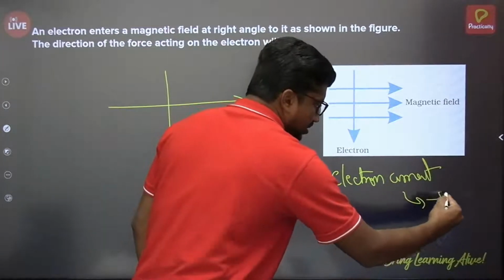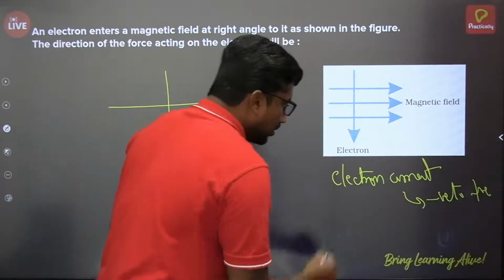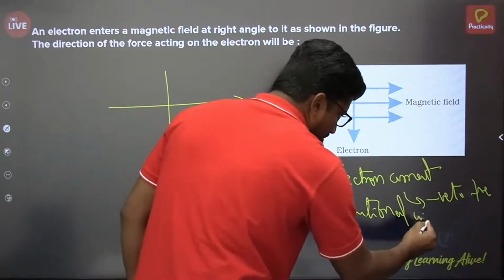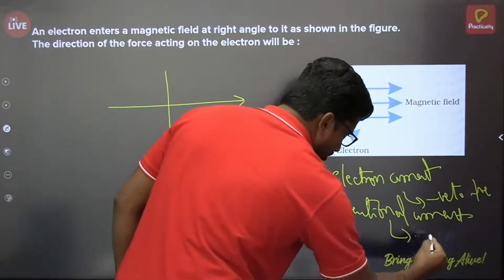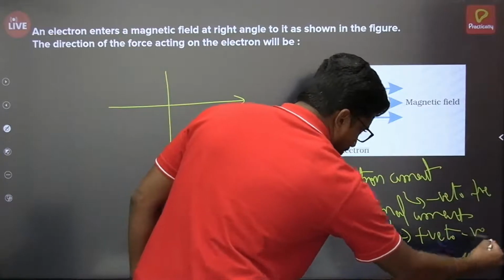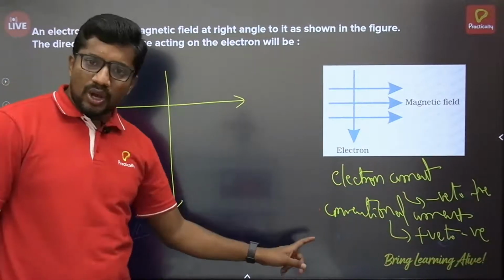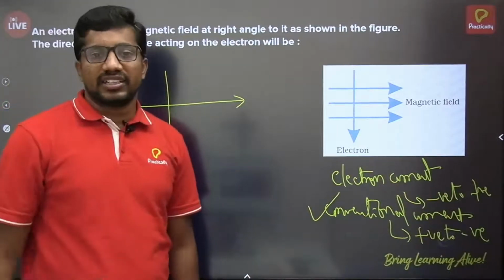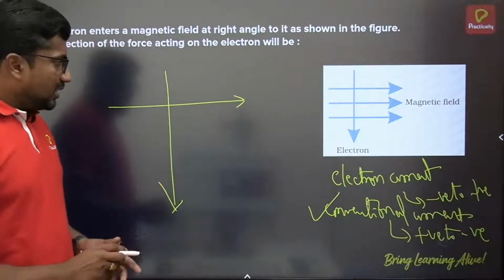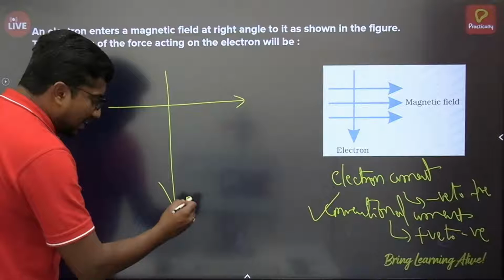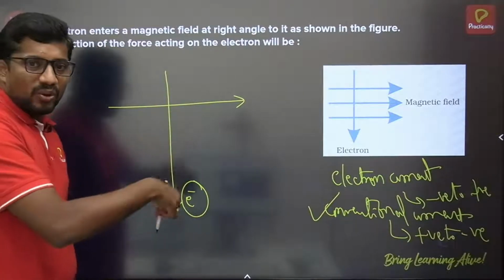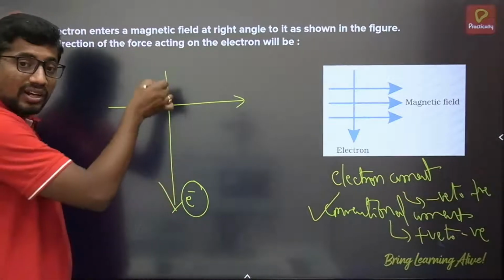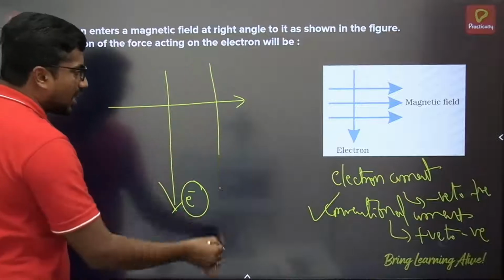For solving all these things we have to follow conventional current direction only, not electron current direction. In this one, electron current direction is downward, but you have to take the conventional current direction. Electron current direction is downward, means conventional current direction is upward.